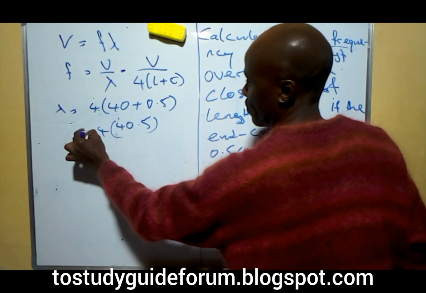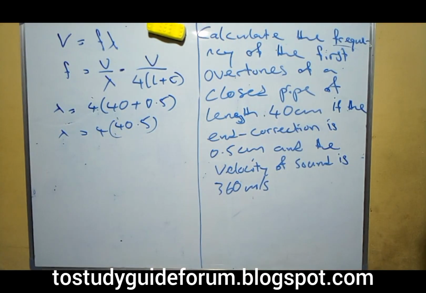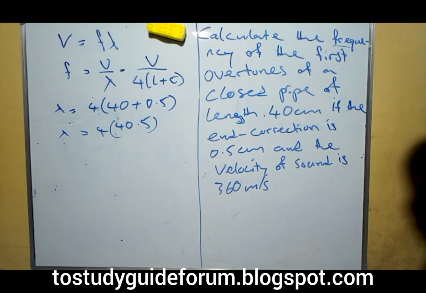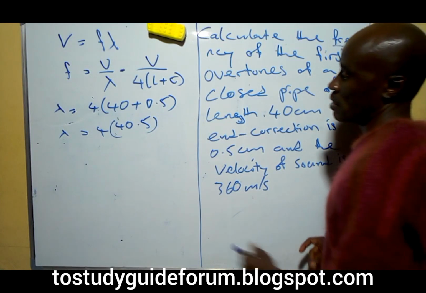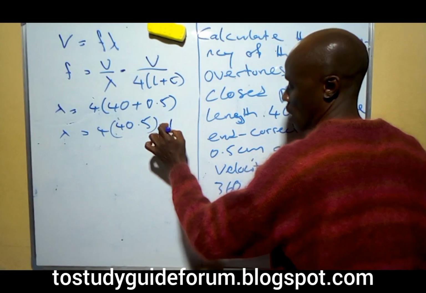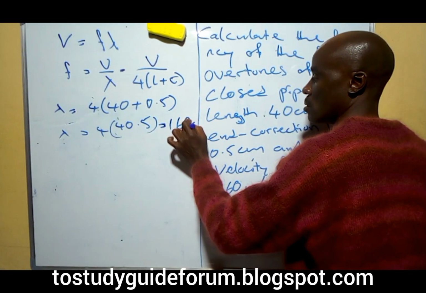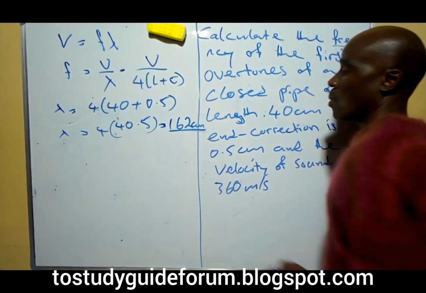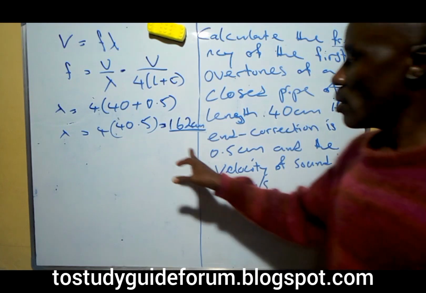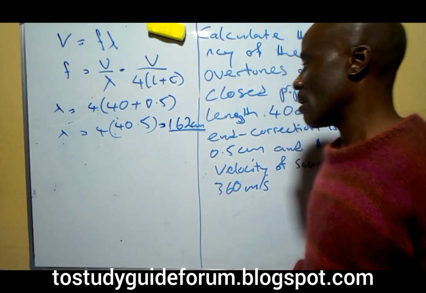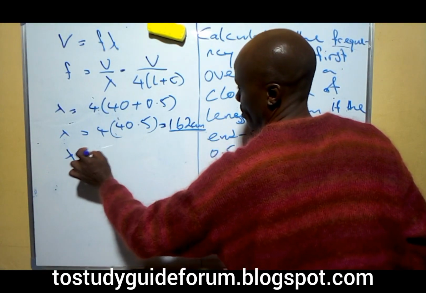Multiplying by 4, 4 times 40.5 will give us 162 cm. But we normally use meters, so we're going to convert it to meters.